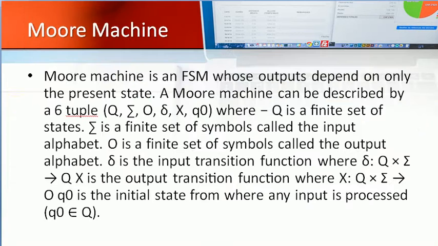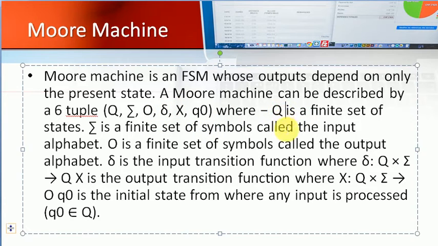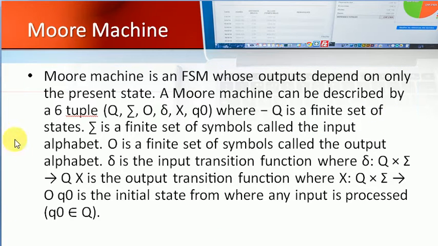Now we will see the Moore machine. A Moore machine is a finite state automaton where output depends only on the present state. A Moore machine can be described by a six-tuple, the same as we described the Mealy machine: Q, Sigma, O, delta, X and q0, where Q is the finite set of states, Sigma is the finite set of symbols called the input alphabet, and O is the finite set of symbols called the output alphabet.